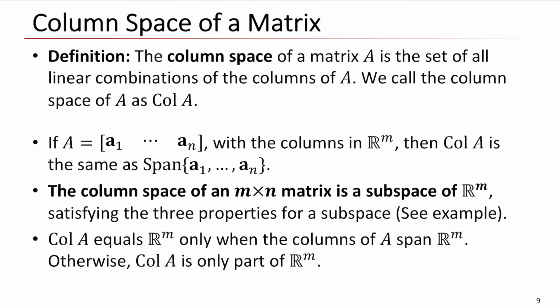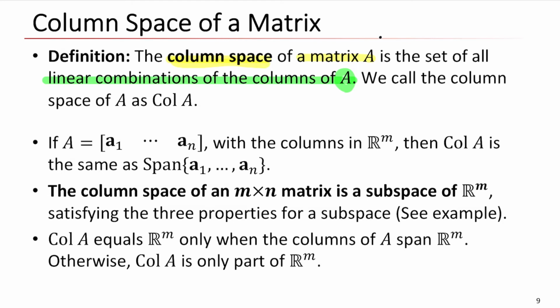So far we've talked about what a subspace is. From now on we will introduce two representative subspaces, the column space and the null space. Let's start with the column space. What is the column space? The column space of the matrix A is the set of all linear combinations of the columns of the matrix A. What does it mean?